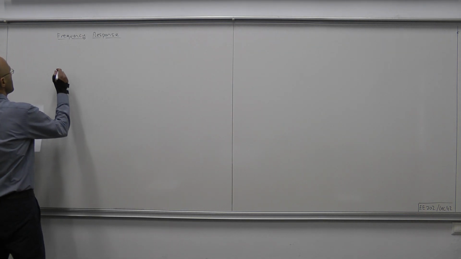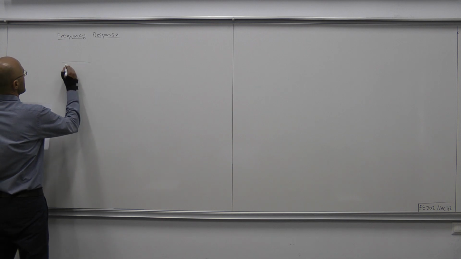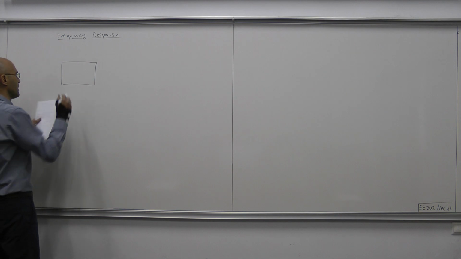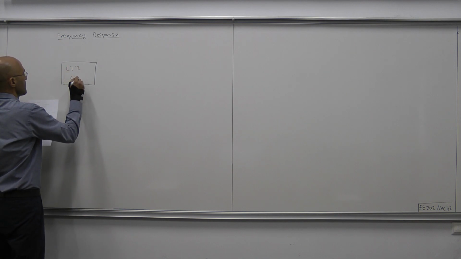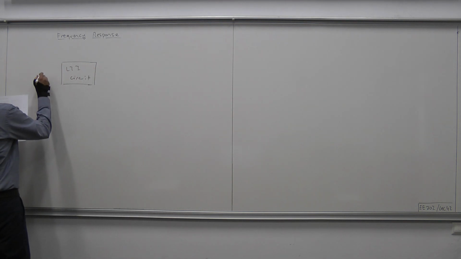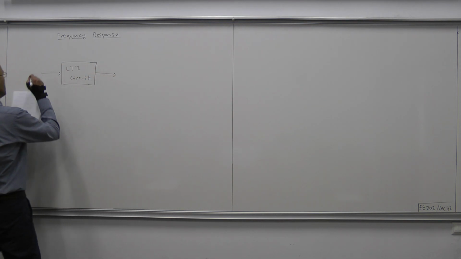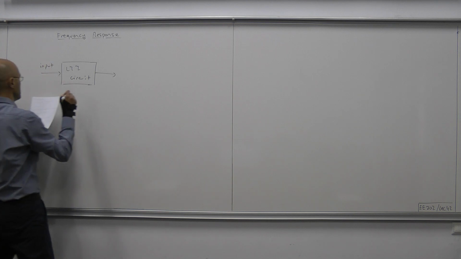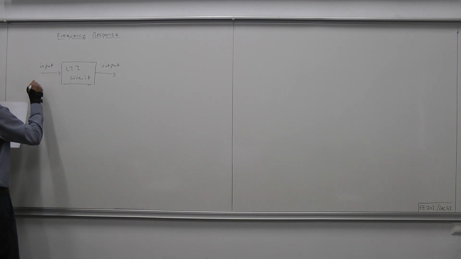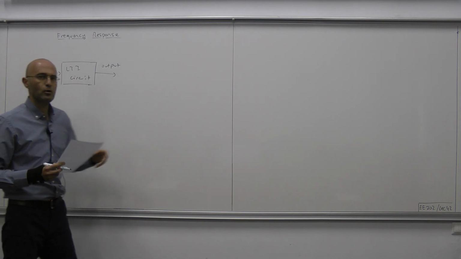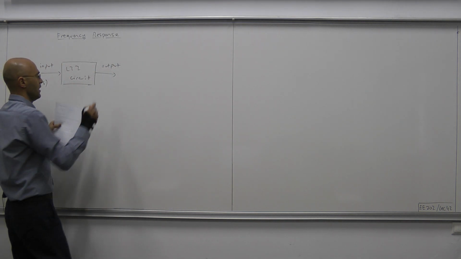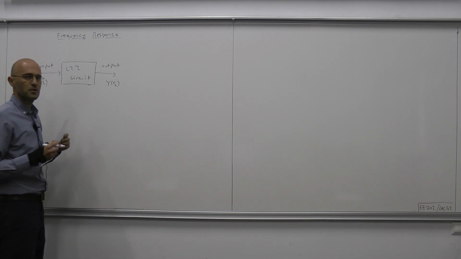Okay, so suppose that we have an LTI circuit with some input and some output of interest. The input is w(t) in the time domain, and its Laplace transform is denoted by W(s), and y is our output.